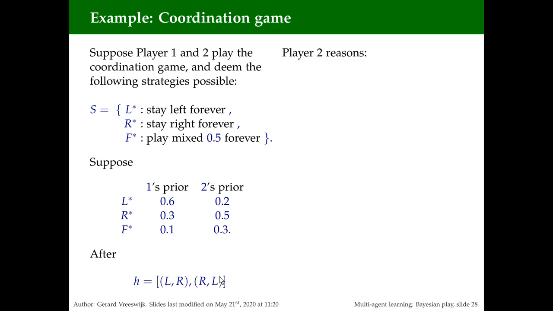Well, player 2 with Bayesian updating is able to reach this conclusion as well. So the probability that the first player plays right all the time, given the history of play here, is, well, Bayesian updating. Fill out all the numbers.